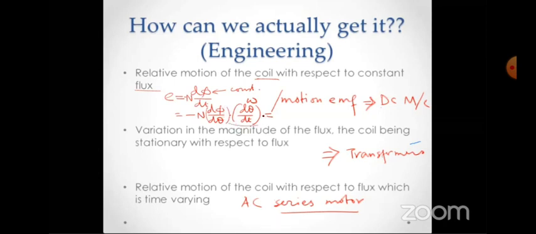The first term, d phi d theta, is the flux distribution in space. The second term is nothing but the angular velocity. If the flux distribution in space is also constant, then we will again have zero induced voltage.